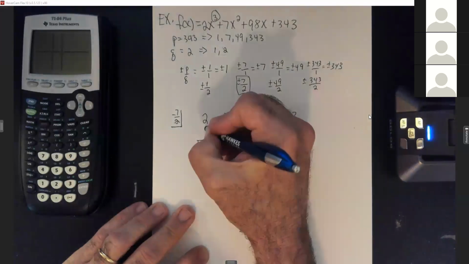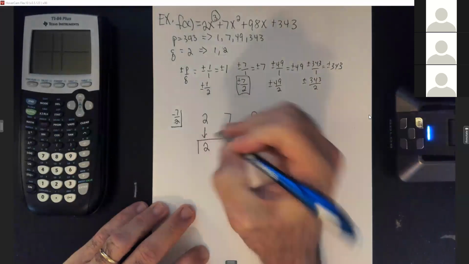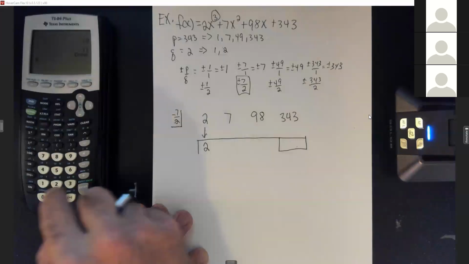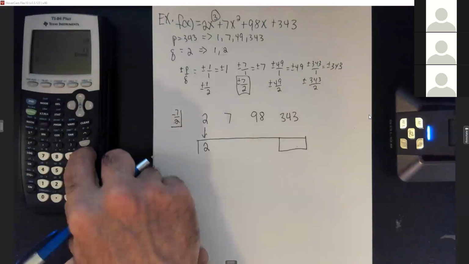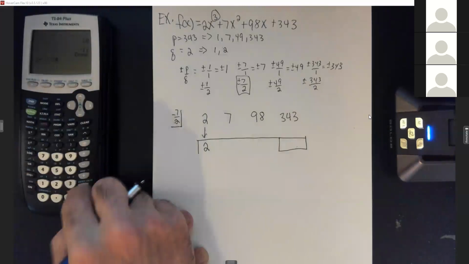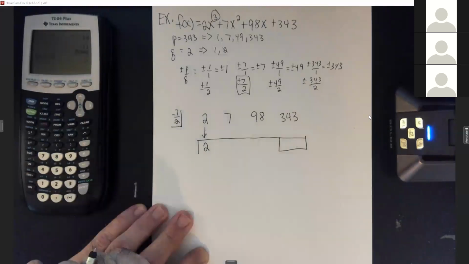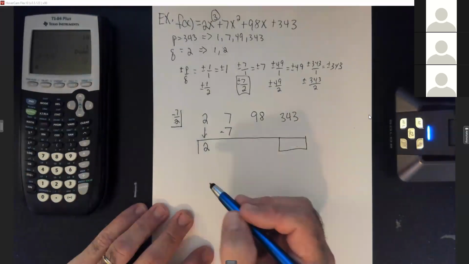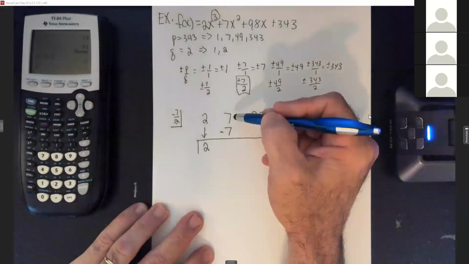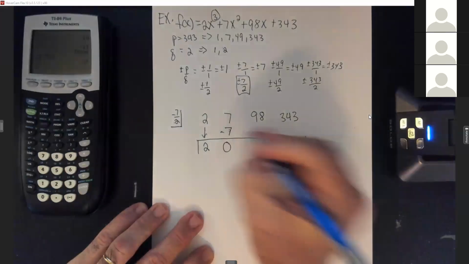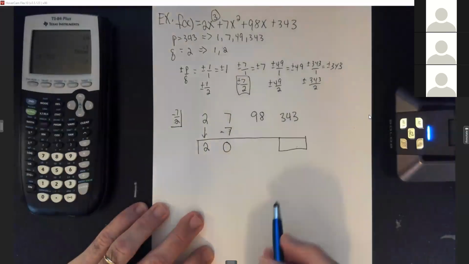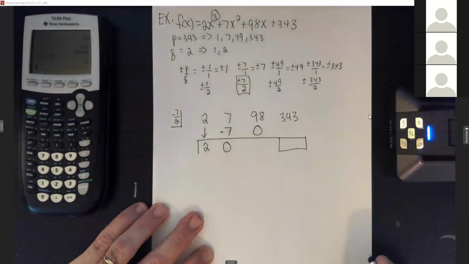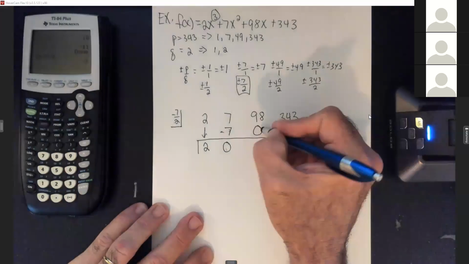We're going to bring down the 2. So now you got 2 times a -7/2. So 2 times a negative 7 divided by 2 gives me a negative 7. So basically the 2's cancel when you multiply that. All right, 7 plus a negative 7 gives me 0. 0 times a negative 7 halves is 0. 98 plus 0 is 98.